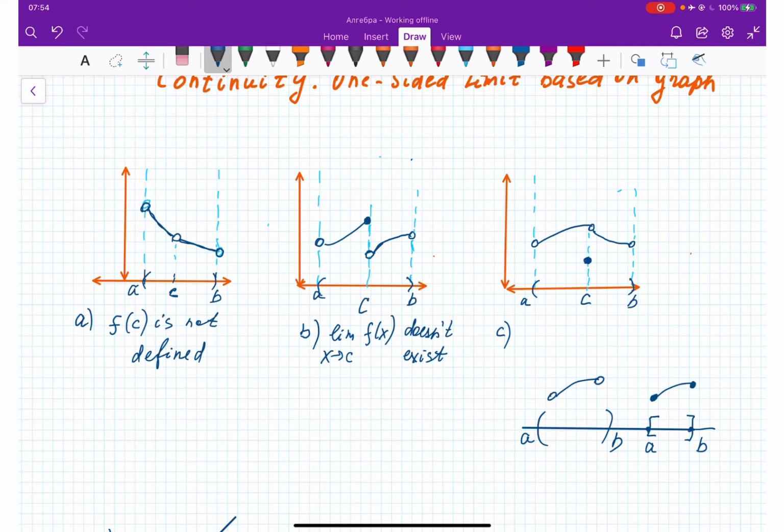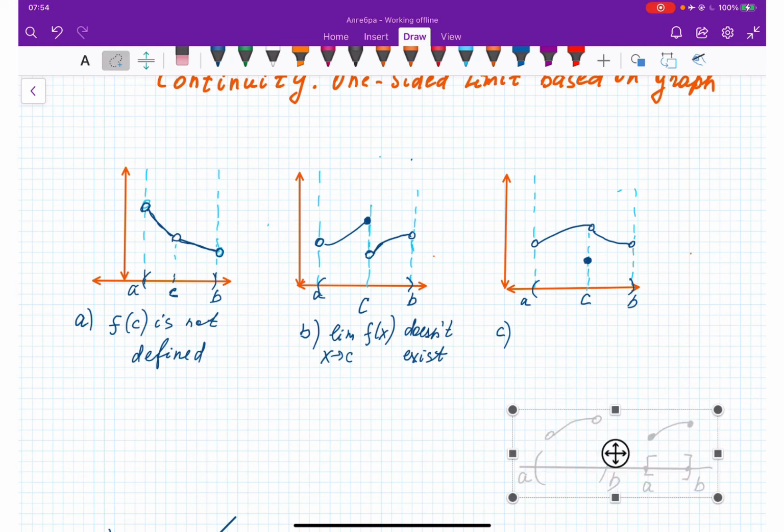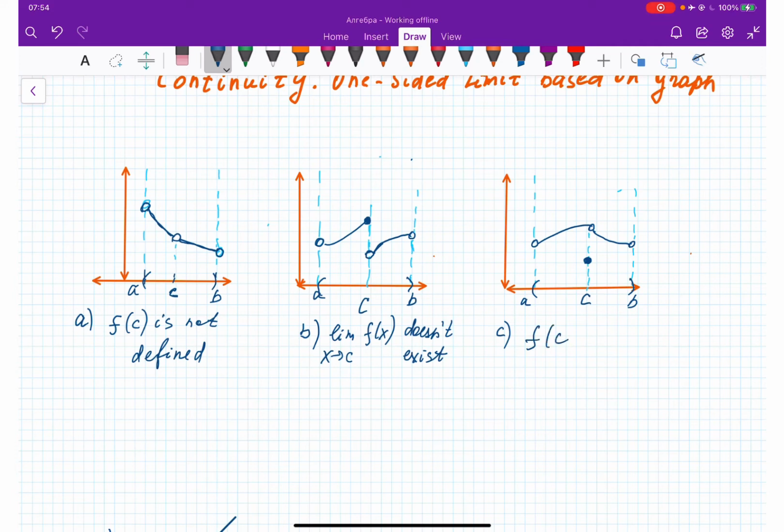Okay, in the case of C, we can say that f of C is not equal to the limit of f of x, because both of them are at the point of C when x approaches C. Why?